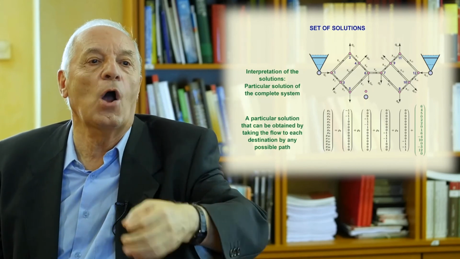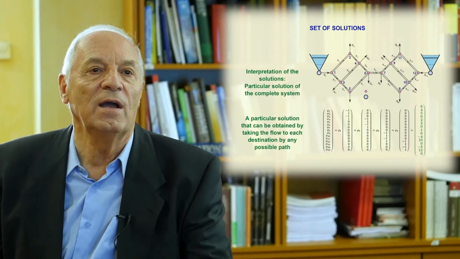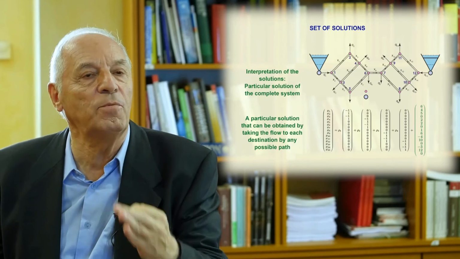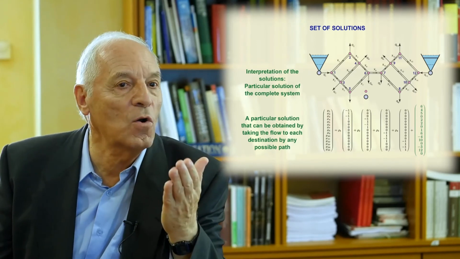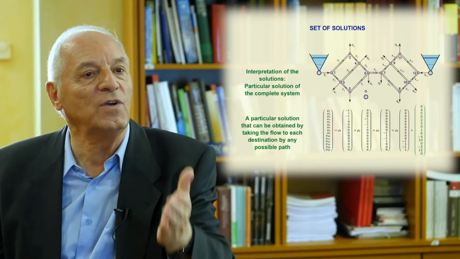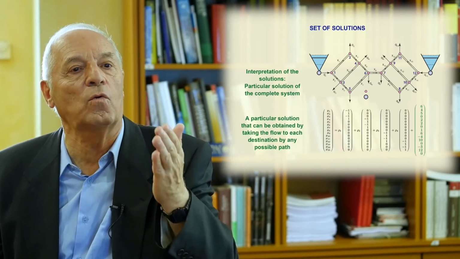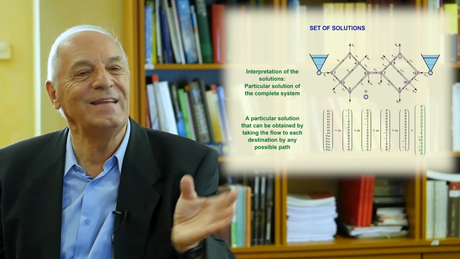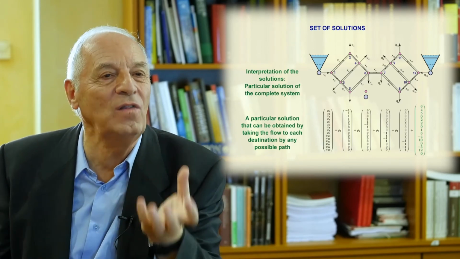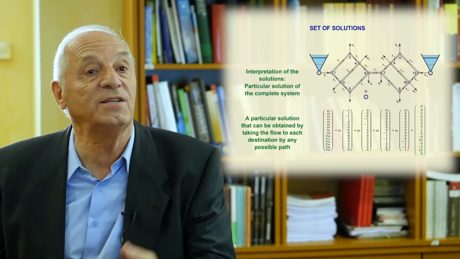These are all possible ways of taking the water from the deposits to the consumption nodes. There are no more ways, all are there. You can choose any value for rho 1, rho 2, rho 3, and rho 4, and you have all. You can see all the solutions, which I think is very nice.